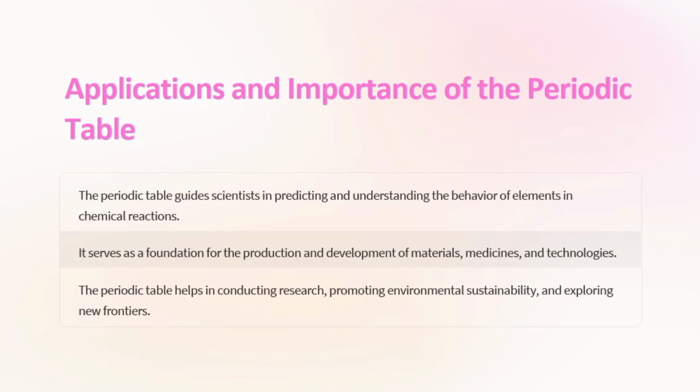Now, the periodic table guides scientists in predicting and understanding the behavior of elements in chemical reactions. In our previous lesson, we learned that elements found on the periodic table, specifically group 18, are unreactive in the sense that they have fully filled valence electron configuration.